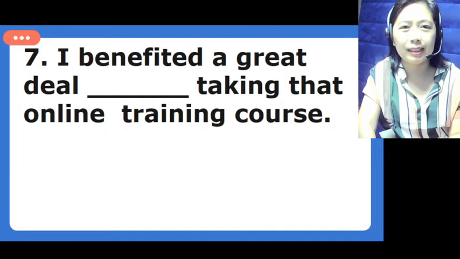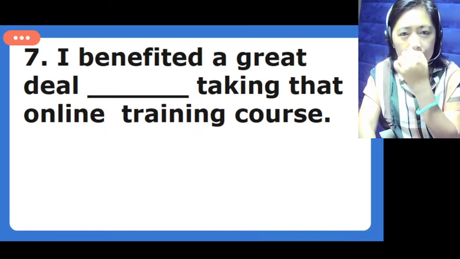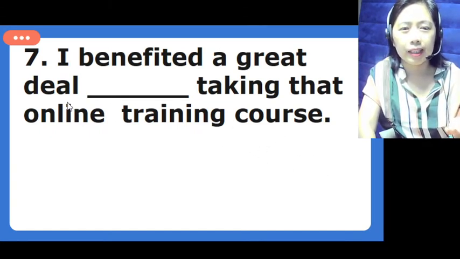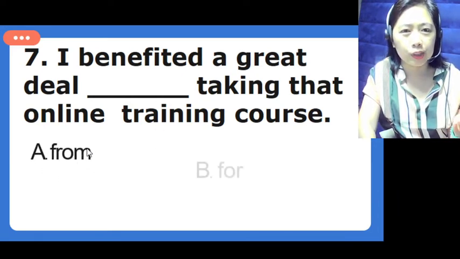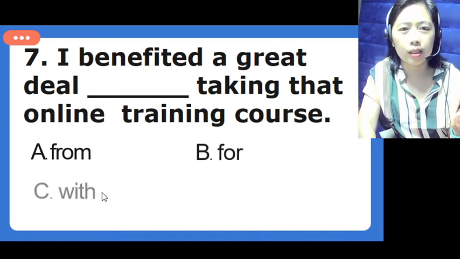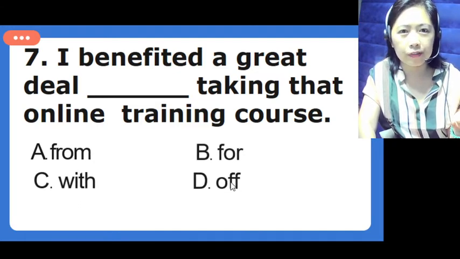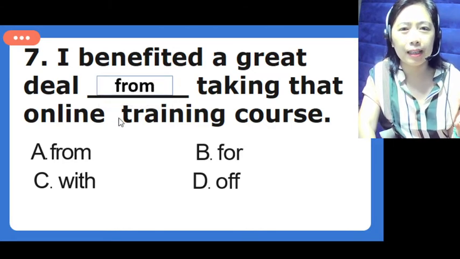Now let's have number 7 here. I benefited a great deal blank taking that online training course. Choices: from, for, with, off. I benefited from taking that online training course.